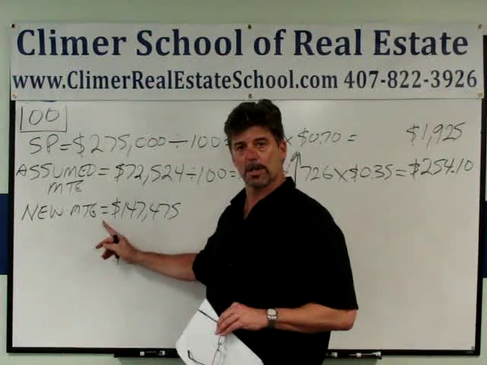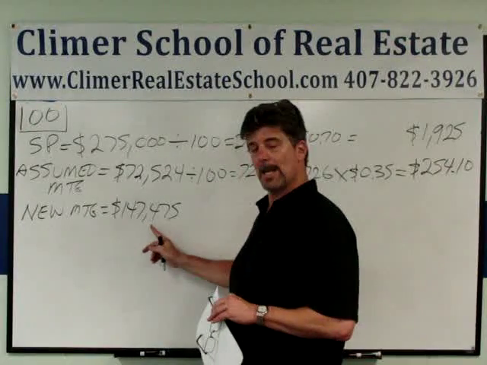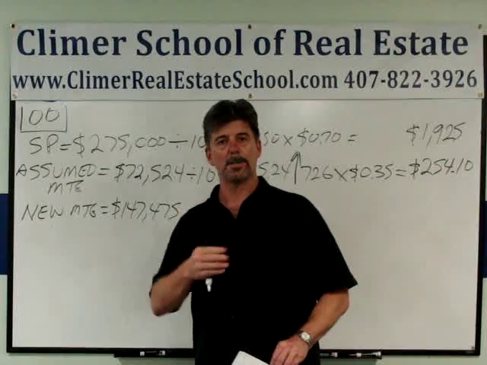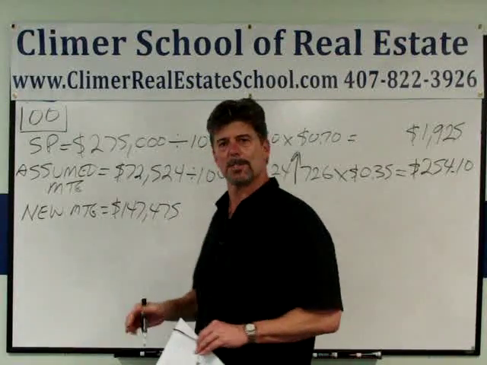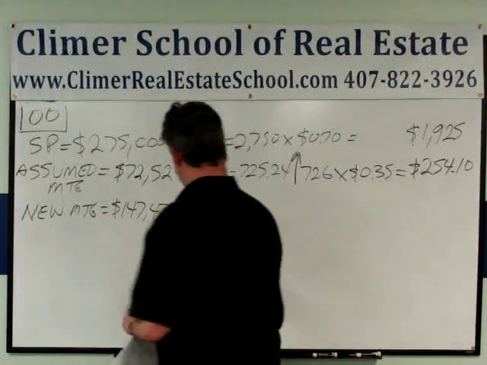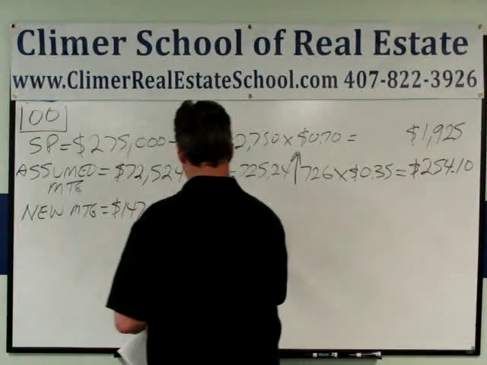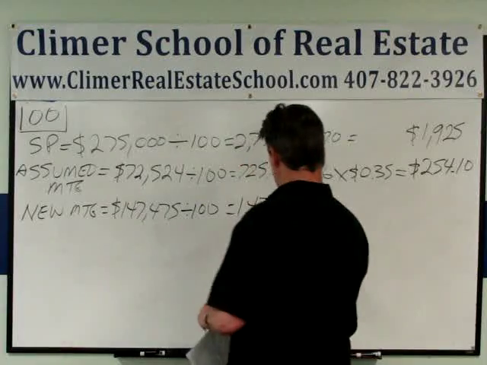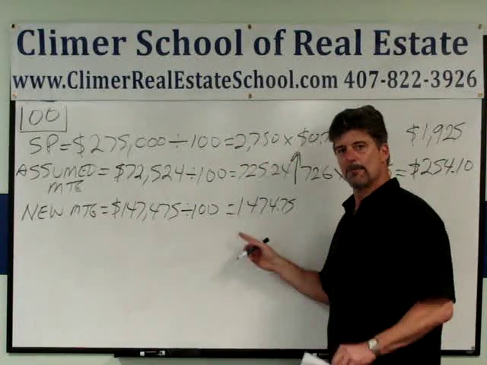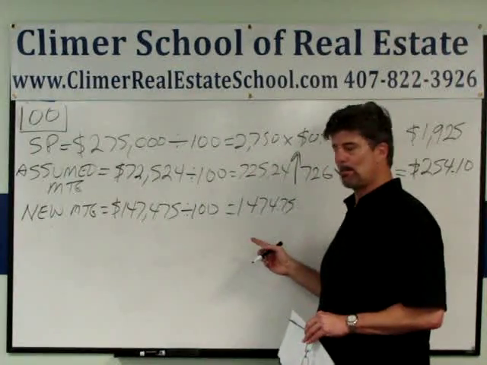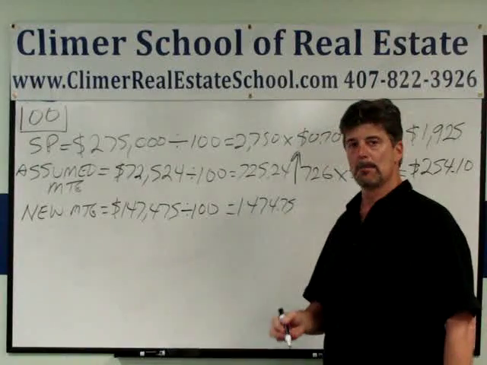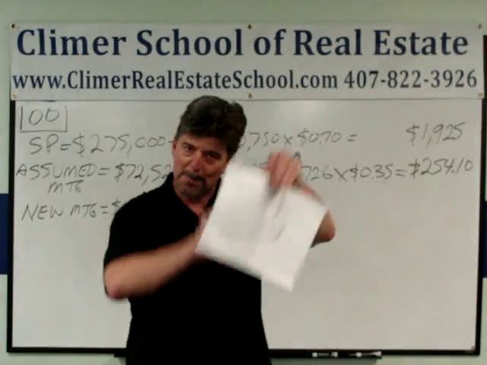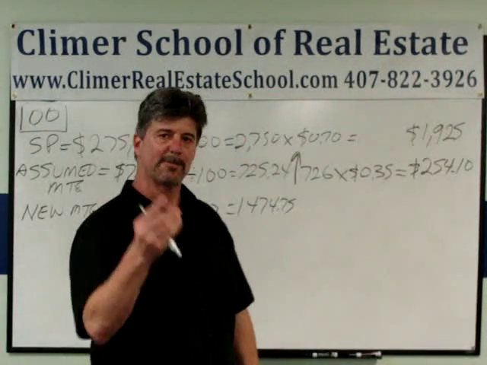But we've got a new mortgage, don't we? $147,475. Once again, we have to divide by 100 so we can figure out how many documentary stamps we have to buy. Looks to me like 1,474.75 doc stamps, but just like before, you can't buy a part of the doc stamp. It's like ripping that postage stamp in half. So you have to round up.